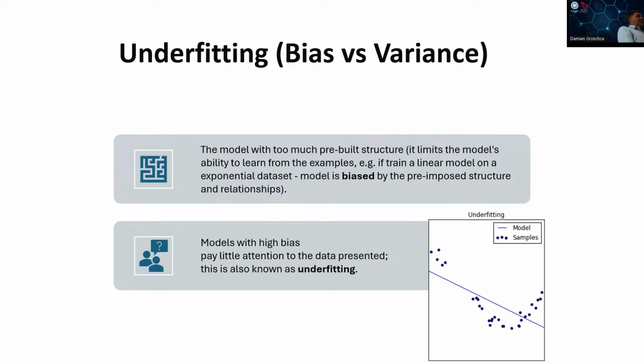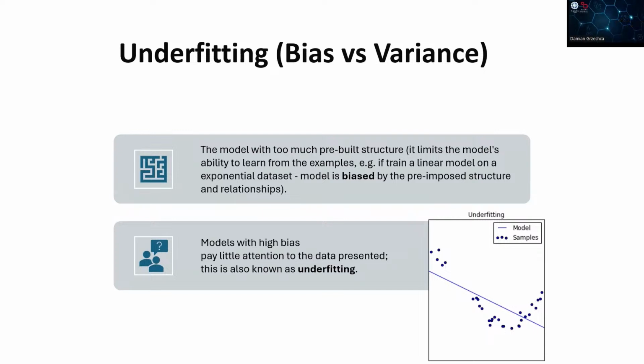A model with too much pre-built structure limits the model's ability to learn from the examples. For example, if we train a linear model on an exponential data set, the model is biased by the pre-imposed structure and relationships.